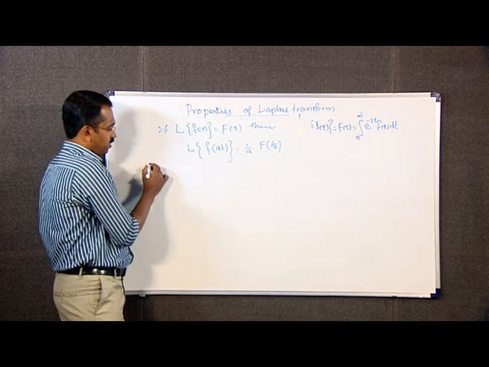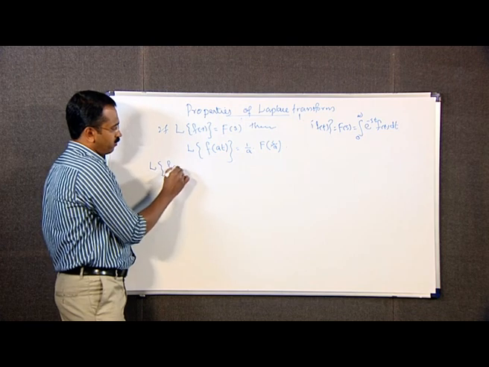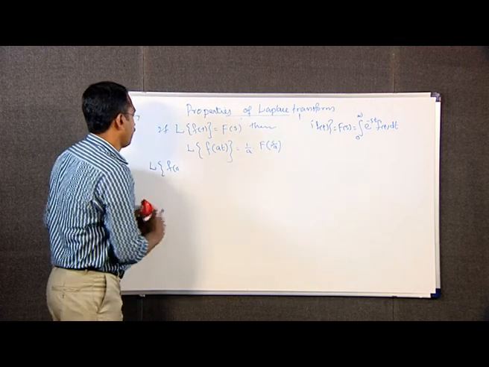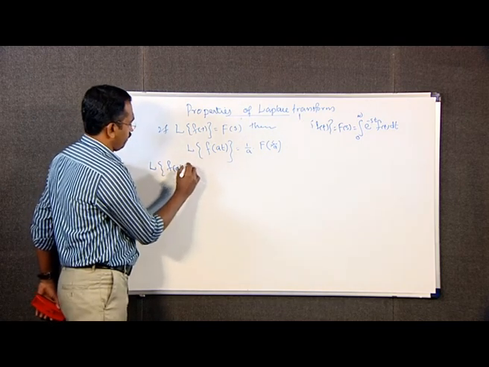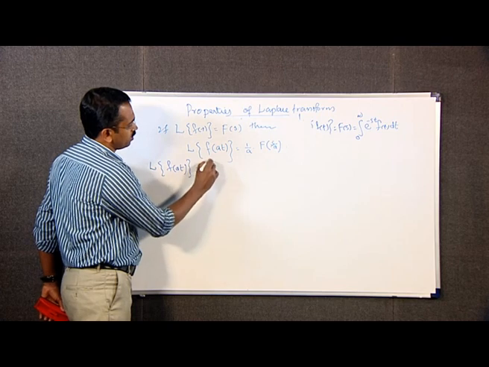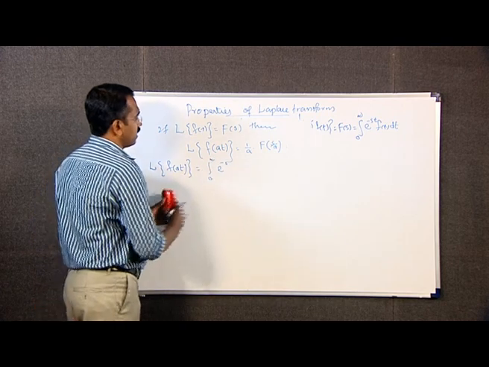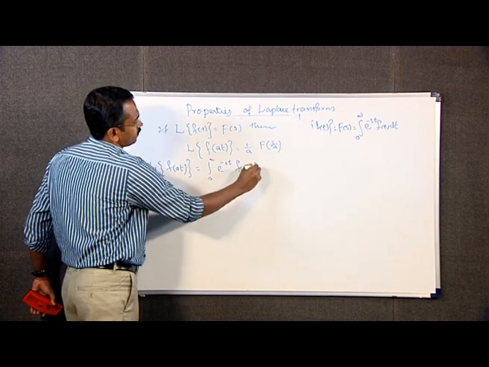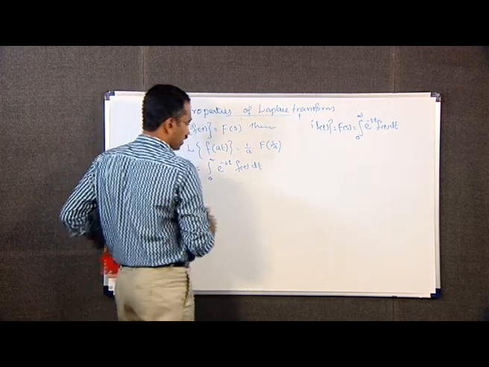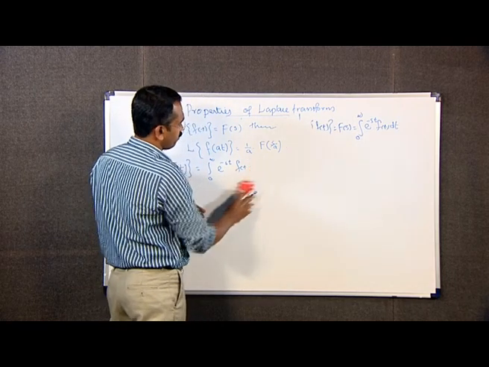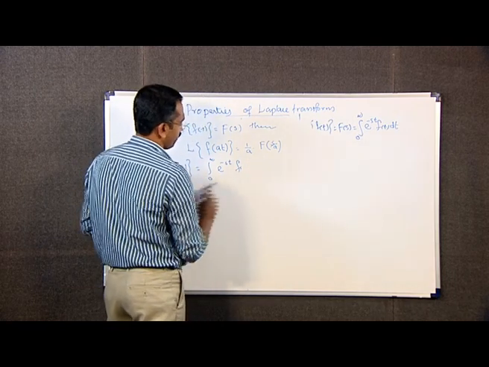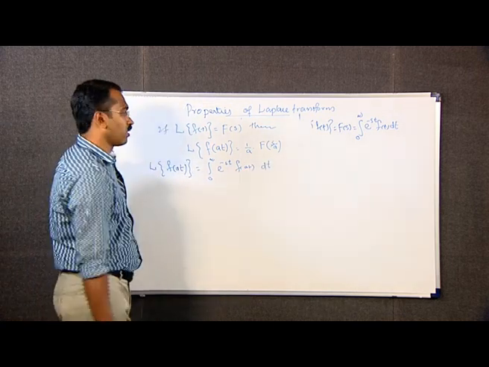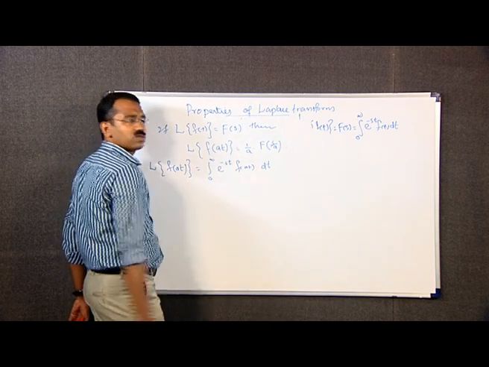By definition, the Laplace transform of f of a t is equal to integral from 0 to infinity e raised to minus st f of a t dt. A is a constant.